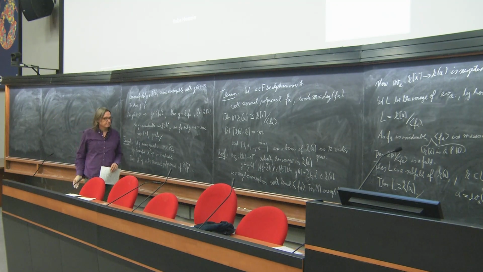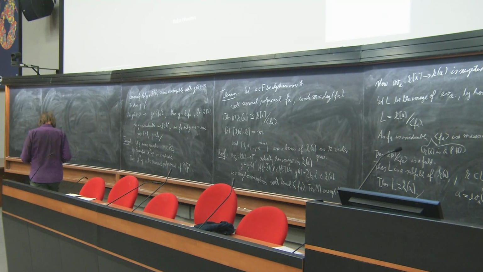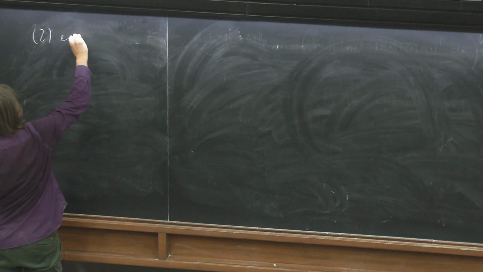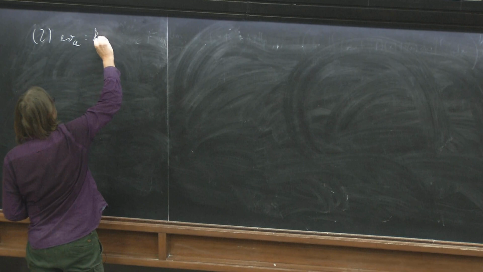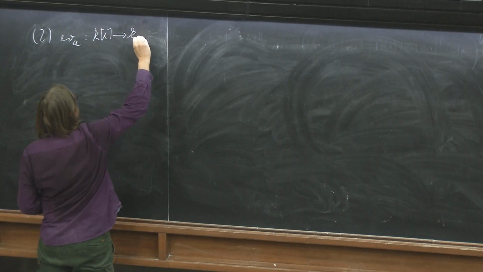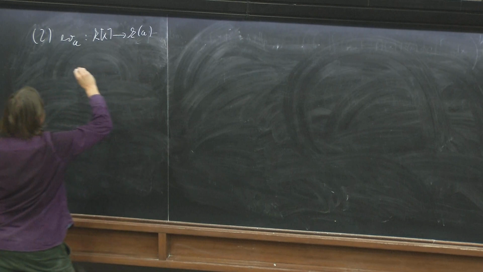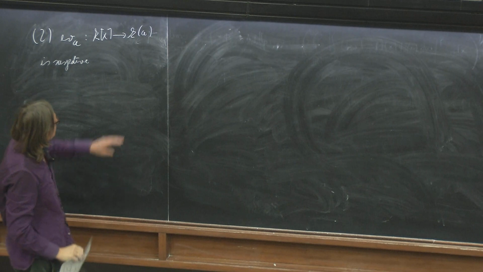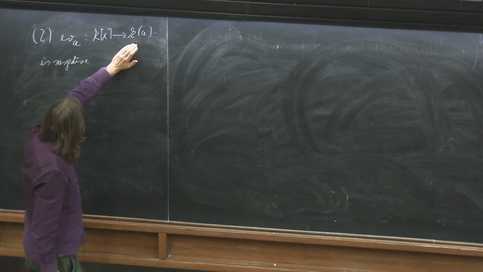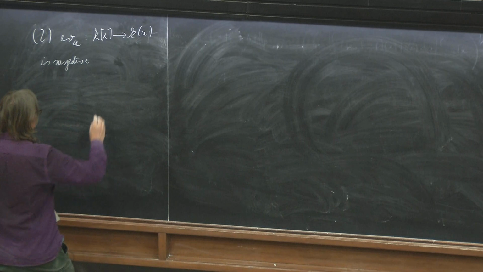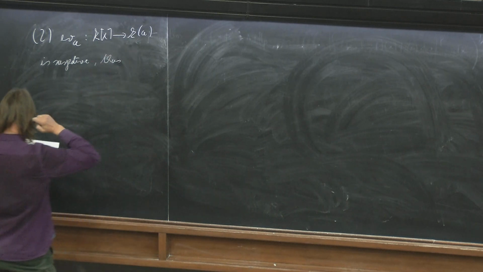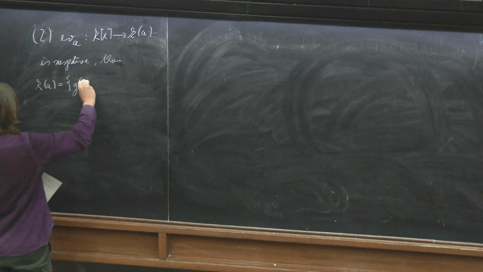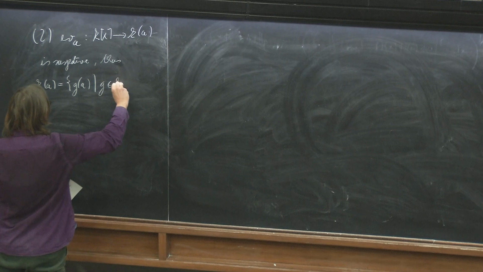So we have the evaluation homomorphism at A from K[X] to K(A) surjective. So that means every element of K(A) is the evaluation of a polynomial at A. So thus, we can write K(A) as the set of all g(A) with g in K[X].